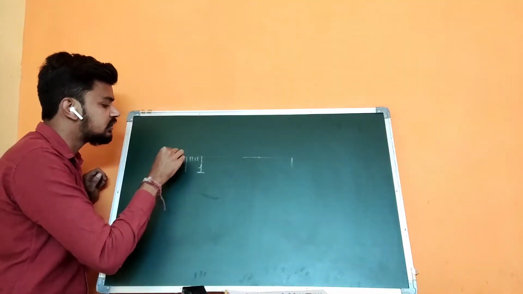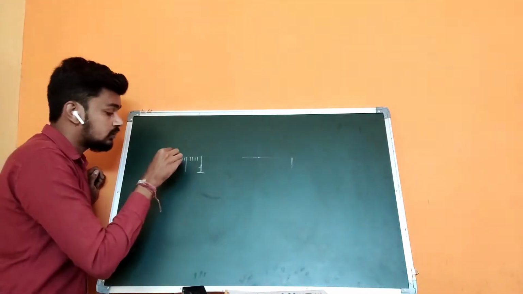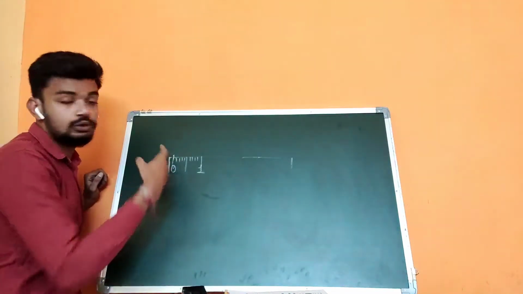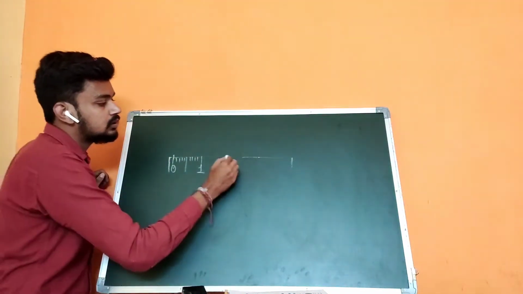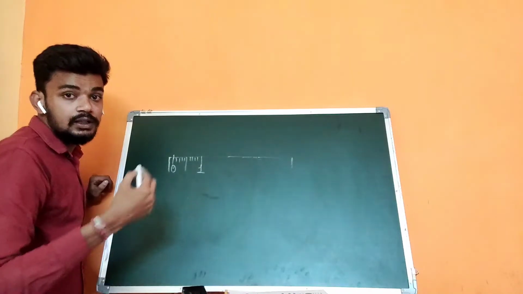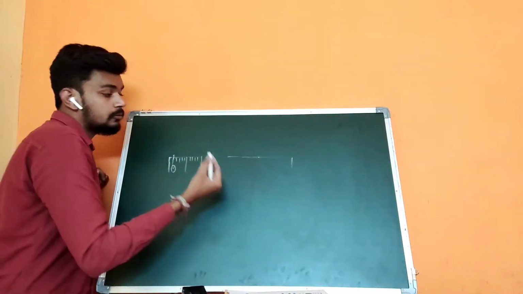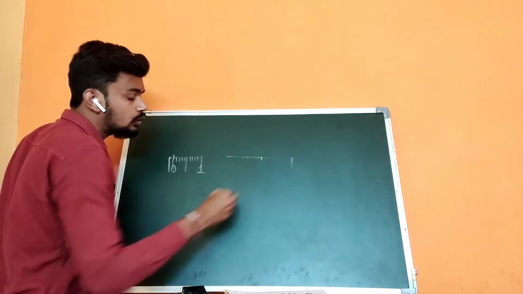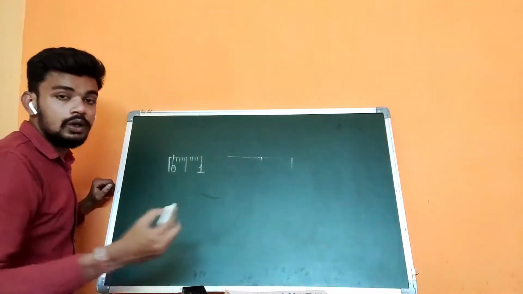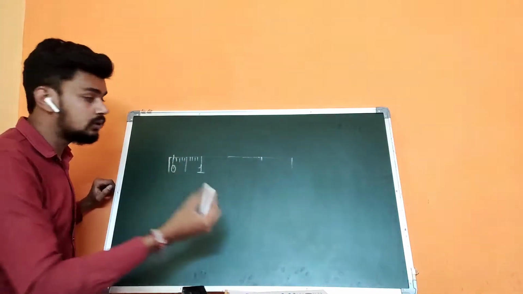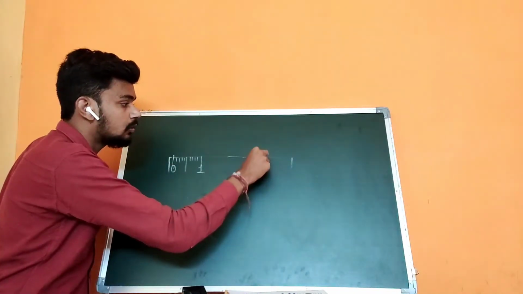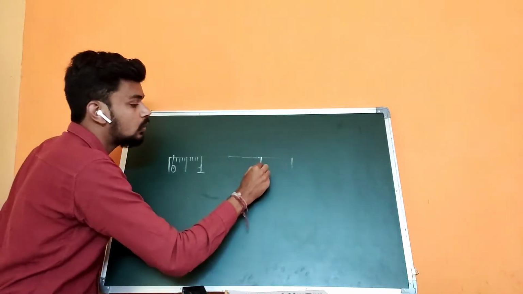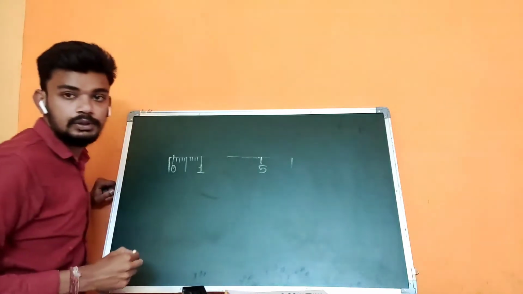Say for example this point is 0, so you have to put it over here. And as I said, we have to make a circle of 5 centimeter radius, so you have to put the other point, the pencil or the compass pointer, over here at 5 centimeter.